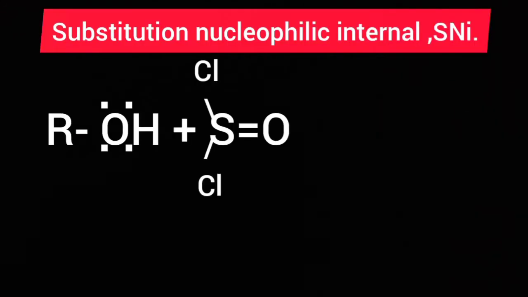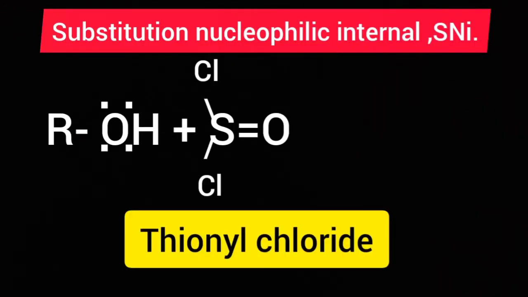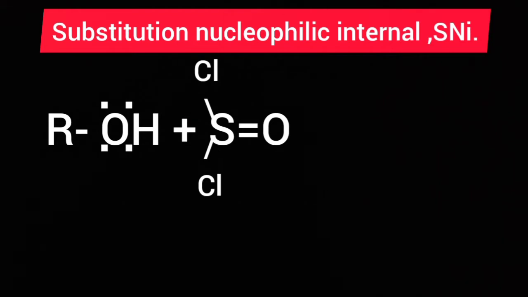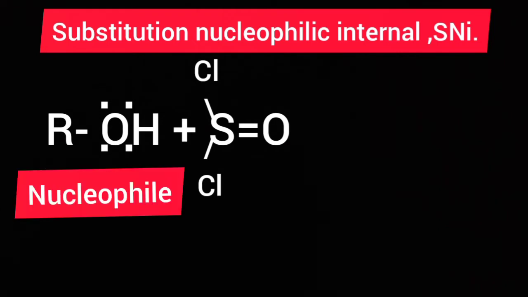Substitution nucleophilic internal. For the SNi reaction, we have to take alcohol and thionyl chloride. Alcohol contains an oxygen atom which has two lone pairs. Being electron rich, it is a nucleophile.